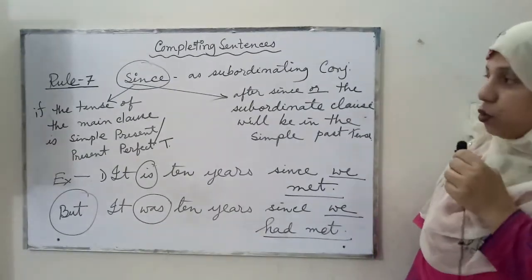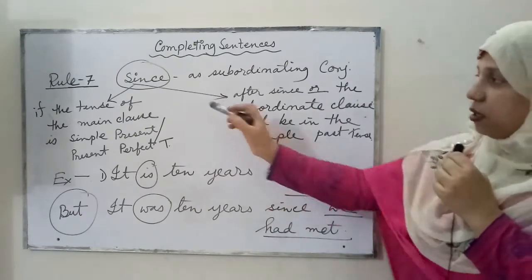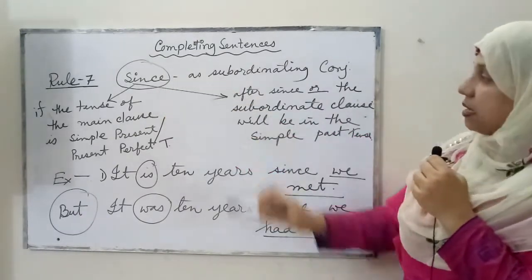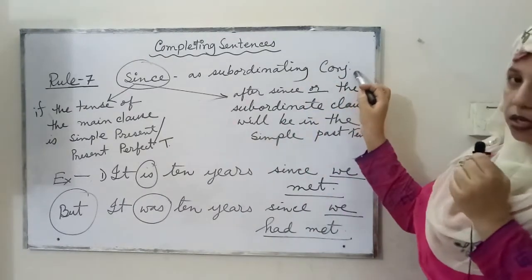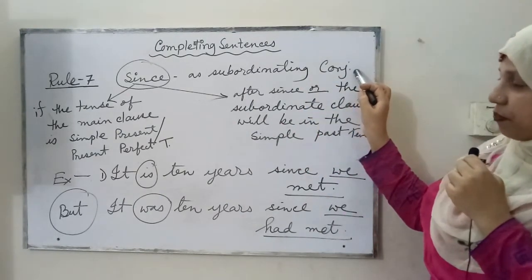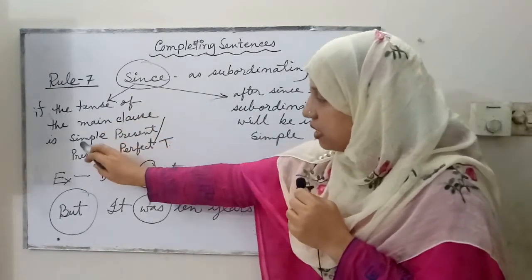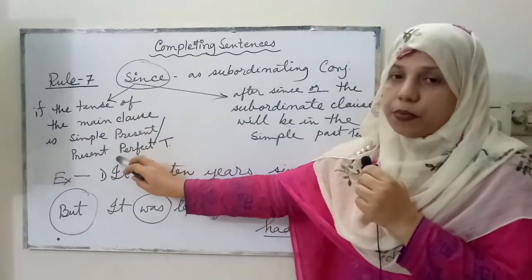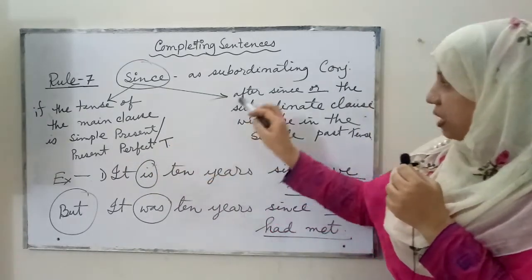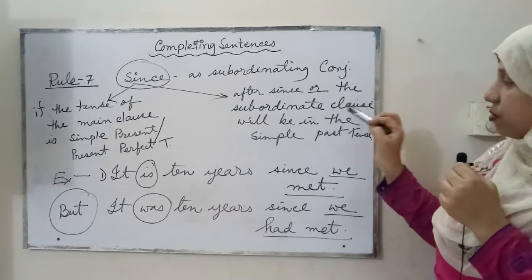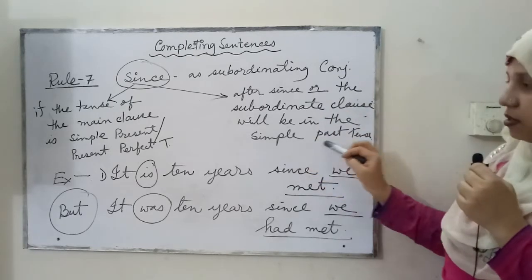Now let's see rule number 7. Here the clue is since. If since is used as a subordinating conjunction of a complex sentence, and the tense of the main clause is simple present or present perfect tense, then after since the subordinate clause will be in the simple past tense.